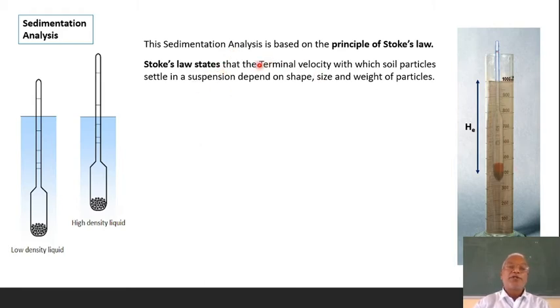I have told you what is terminal velocity. When the soil particles are settling, they attain some value of velocity which is constant in the suspension. That is called as terminal velocity. So Stokes' law states that terminal velocity v with which the soil settles depends upon shape, size and weight of the particles.